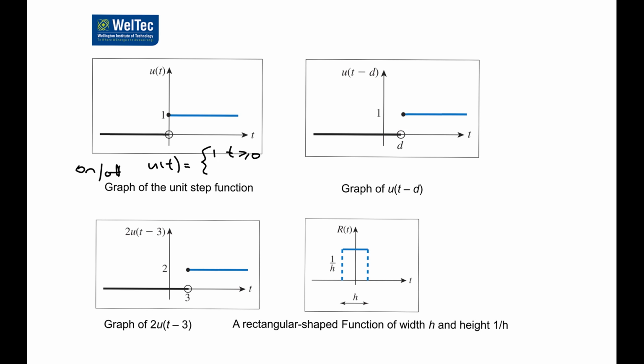Or it's off, or 0, when t is negative. So here the discontinuity is where t is equal to 0. Now we can move that discontinuity. If we look at it here, the discontinuity is at d, so we can write it like that. It's still a unit step function. It's either on or off, but it's turning on or off at d this time, not 0.